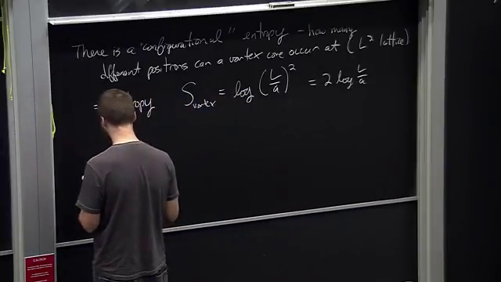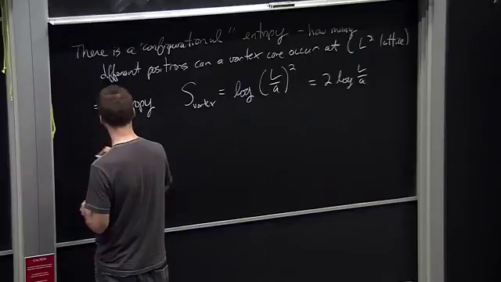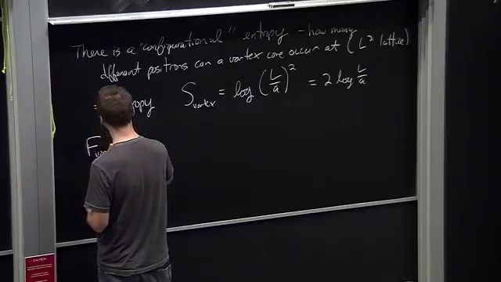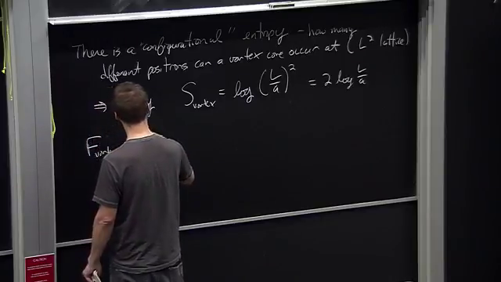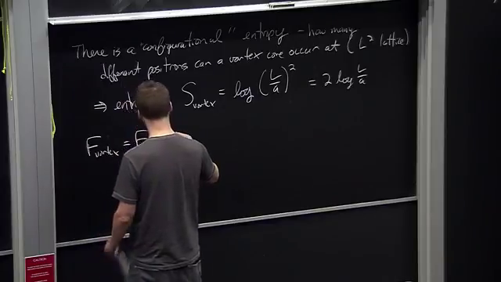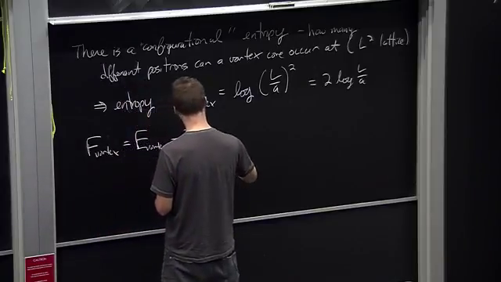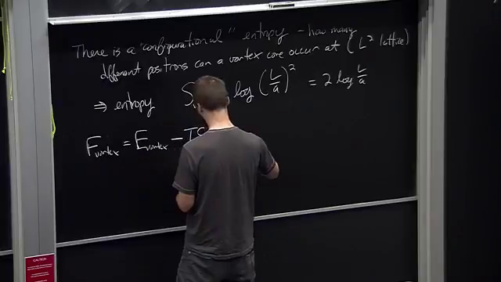And that's where the Kosterlitz-Thouless transition comes from. So the free energy of a vortex is the energy of a vortex minus the core T S vortex.